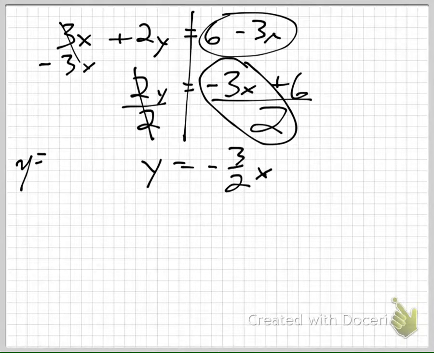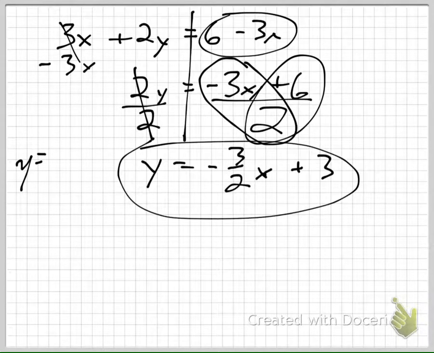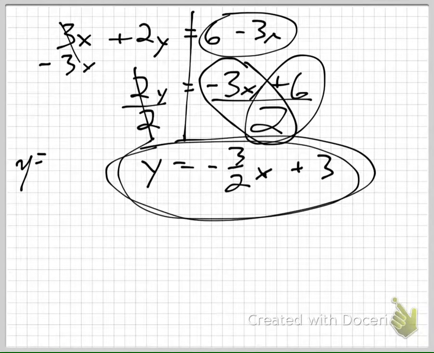Do you see that negative 3x over 2 is the same as negative 3 halves x? And then I have 6 over 2 is plus 3. Is that written in slope-intercept form now?